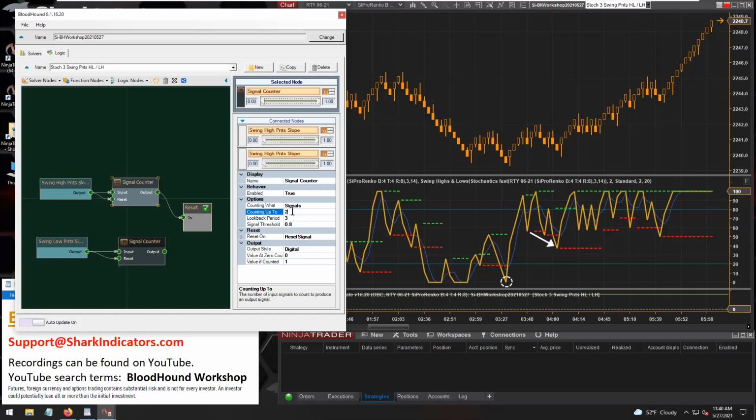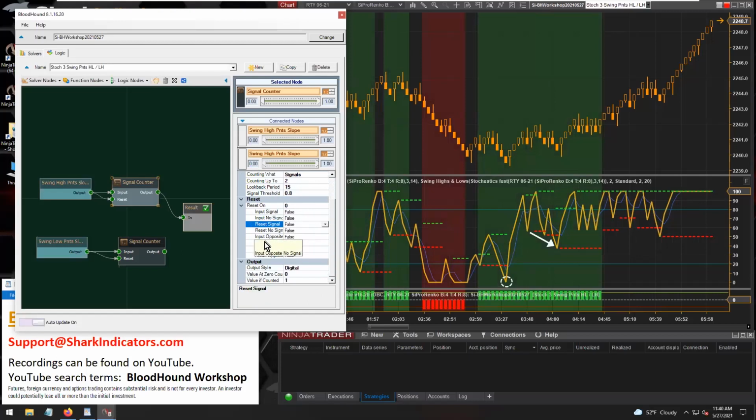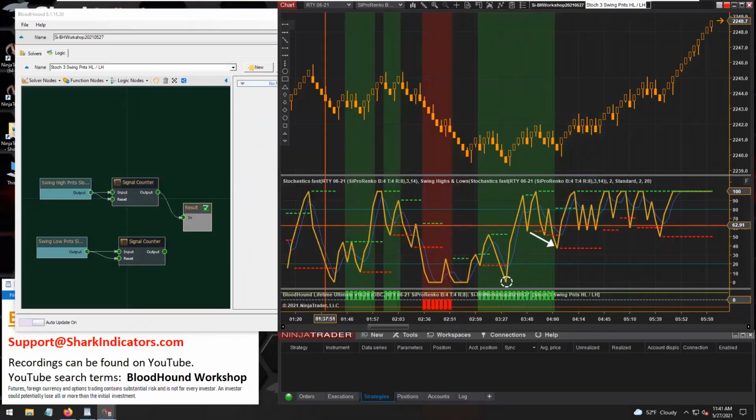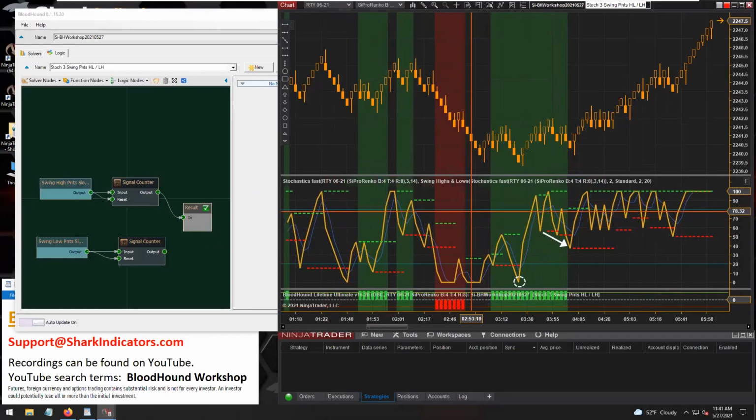So we want to count 2 signals, and we'll keep our look back period at 15. Open up the resets here and turn on the reset opposite signals there. All right, so this is looking at the swing high points.